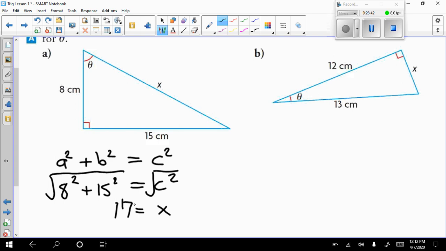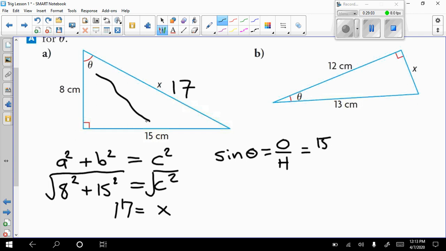Oops, I'm having some difficulties there. 17. Okay, and now I'll put the 17 up here, and they want you to state the trig ratios. So here we go. Sine of theta is equal to opposite over hypotenuse. So opposite theta is 15, and the hypotenuse is 17. Cos of theta is adjacent over hypotenuse.